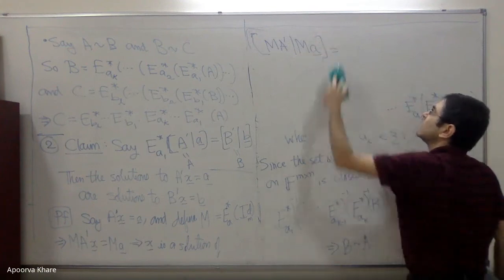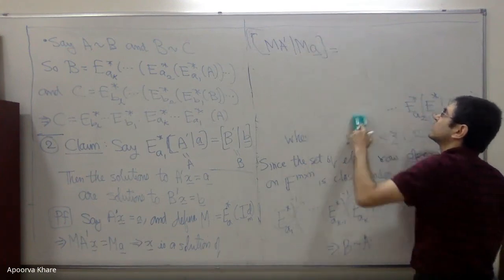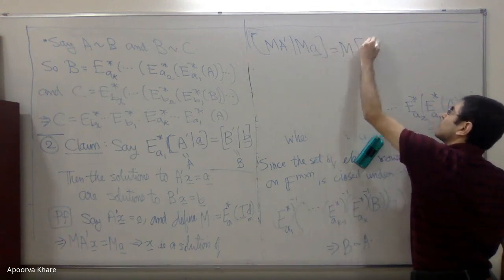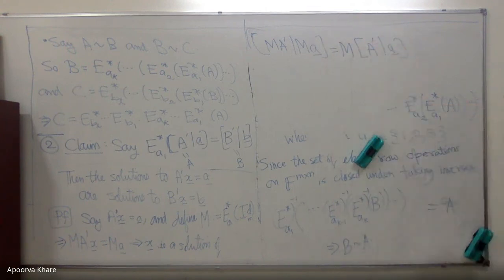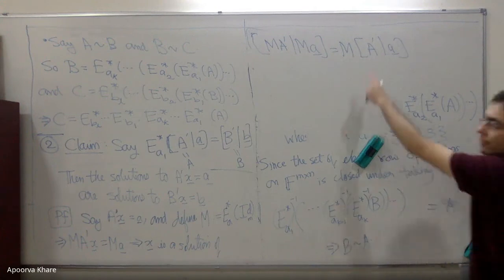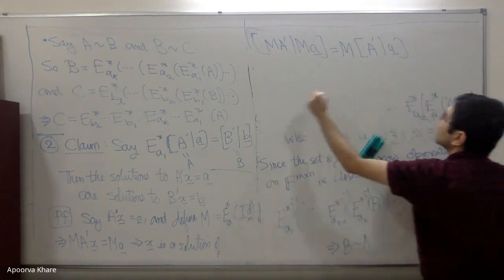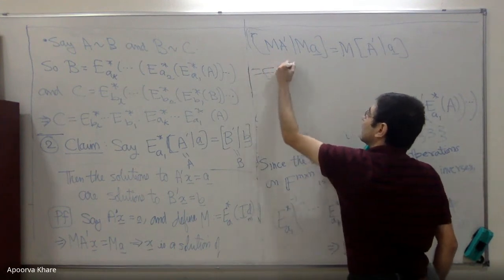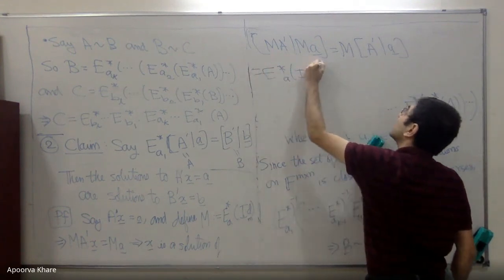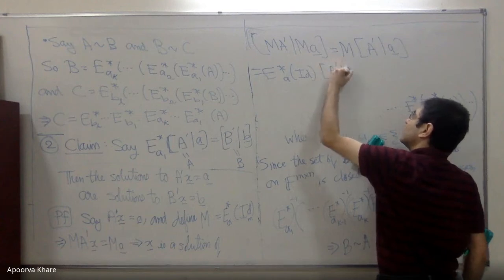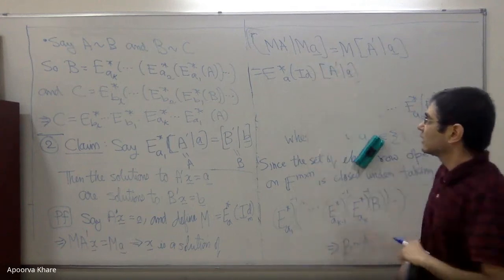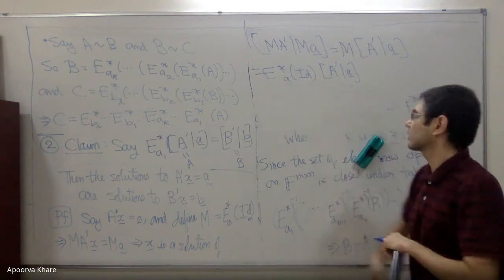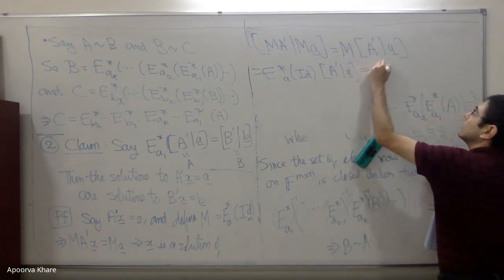But now this is where we use the theory of partition matrices. As I told you, this is exactly equal to M times the augmented matrix A prime and A. And what was M? M was exactly this. So this is equal to E star of the identity times A prime and A. But applying E star of the identity to any matrix is like applying E star to that matrix. That is it.